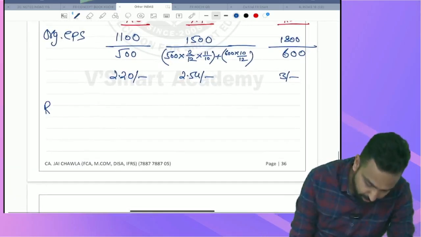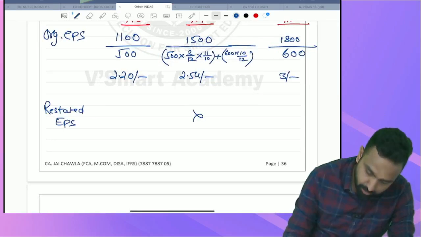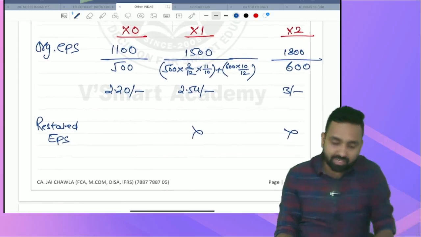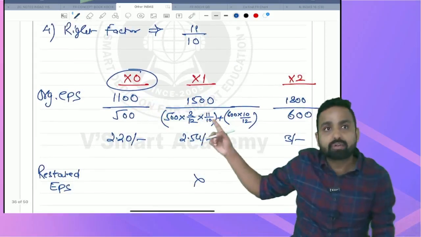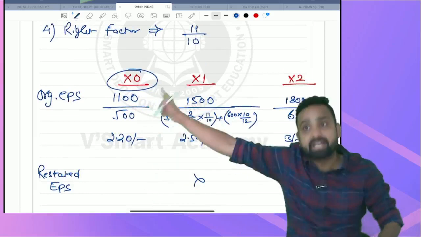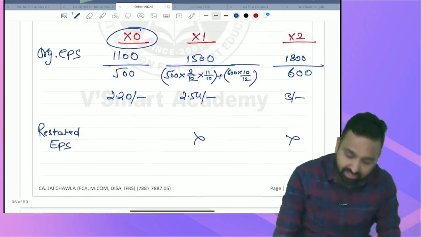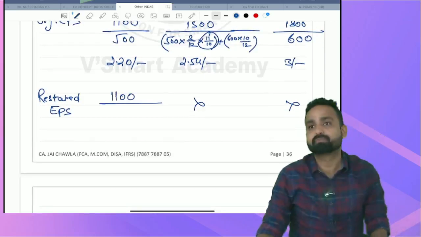But one more thing, we need to calculate the restated EPS of X0 only. Whenever we calculate the rights issue, we restate our previous year, comparative year EPS also, considering this right factor. How? The earning part was 1100.